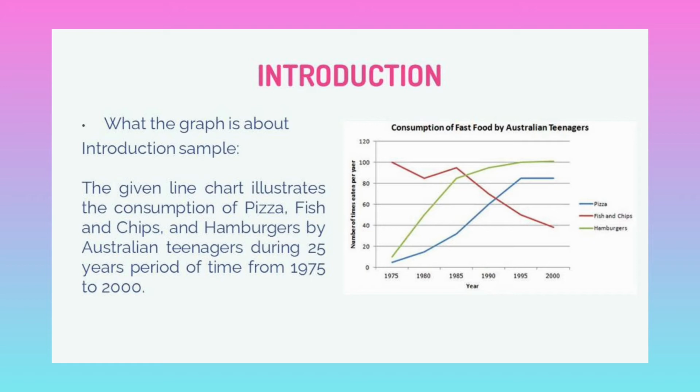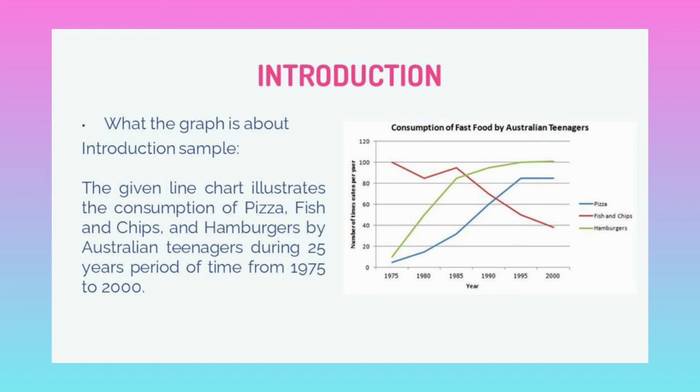How to do it? First of all, we have to be able to identify general information from the graph. For example, this chart has three general information that we can use to write the introduction. The first one is the title. A title is one of the general information that we can infer from a chart or graph. The title of the chart is Consumption of Fast Food by Australian Teenagers.